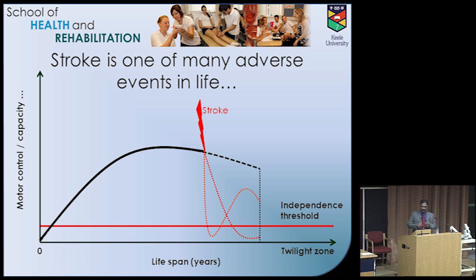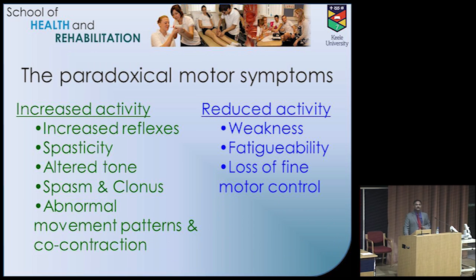Now, when they lose motor control, 2 things happen. Remember, when I started off, I talked about motor control being the ability to activate muscles, but also simultaneously inhibit muscles. So when you have a stroke, your ability to activate muscles is compromised.